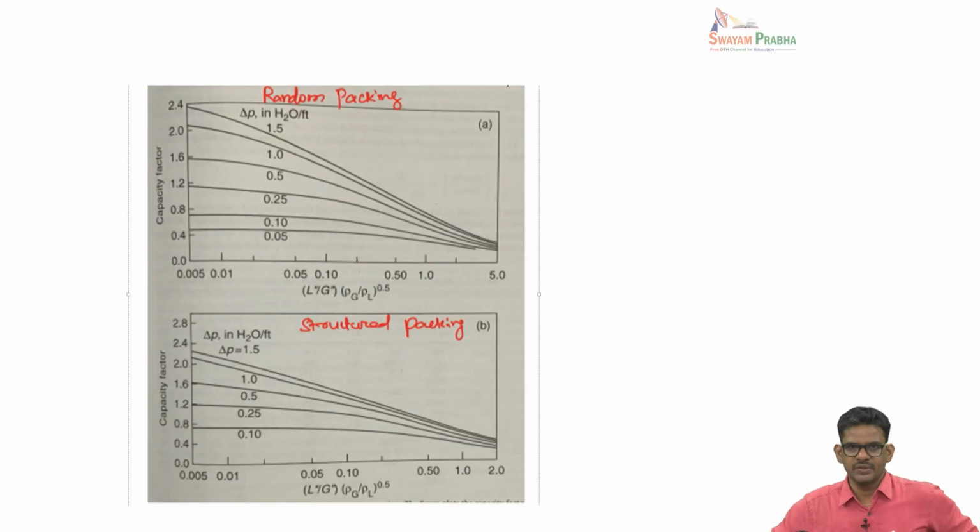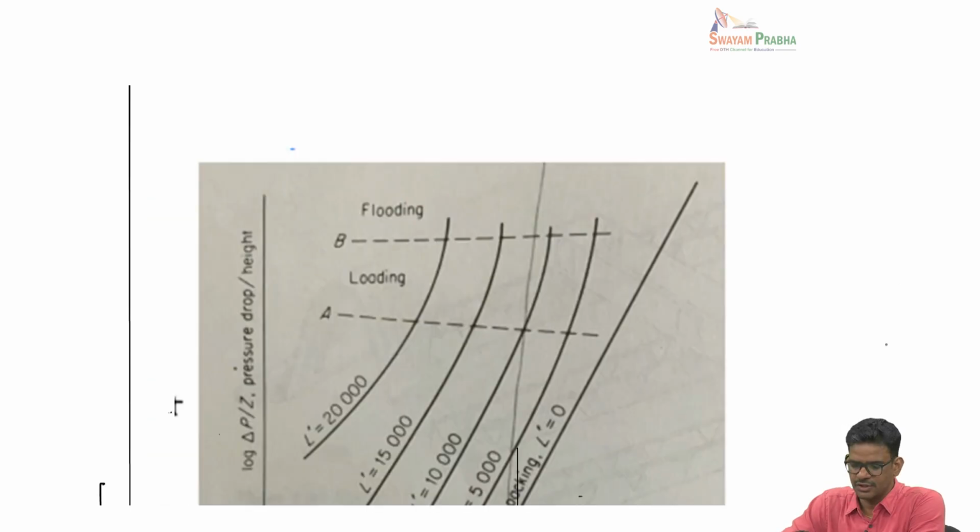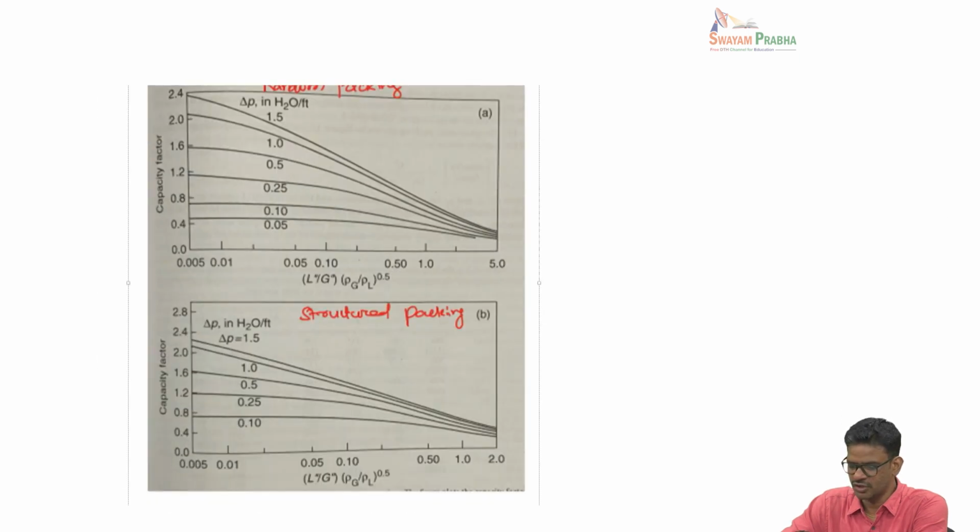Okay, so I was trying to say that even though the pressure drop curves are shown schematically in this particular plot, where pressure drop is plotted as a function of gas flow rate for a given set of liquid flow rates, in the literature, in handbooks, you will see the pressure drops reported in slightly different unit systems.